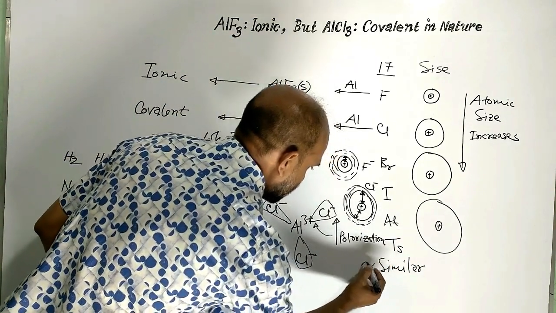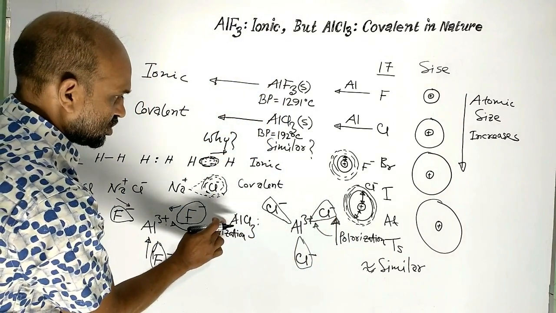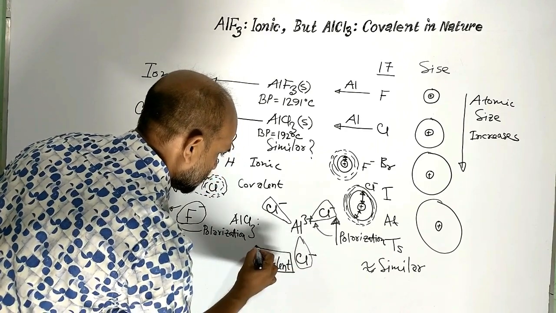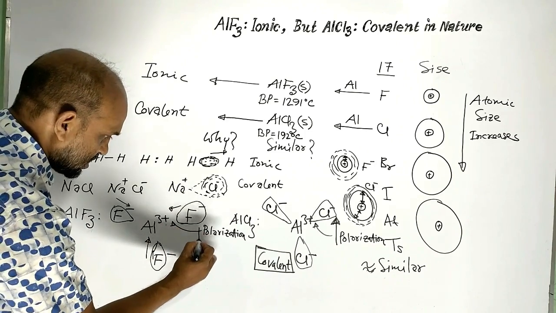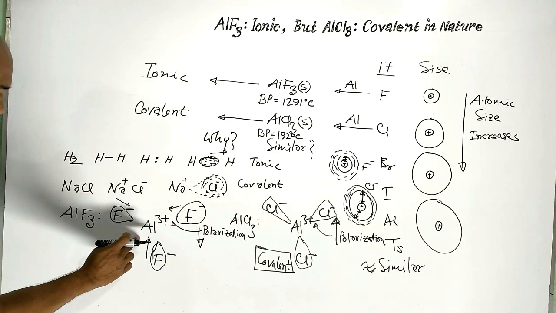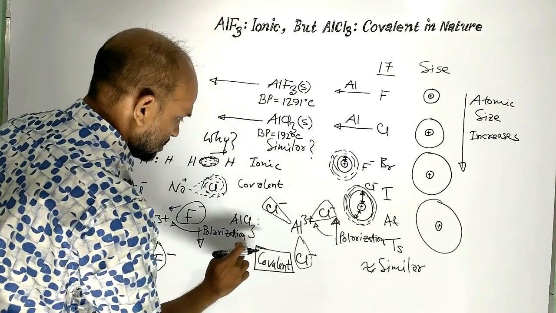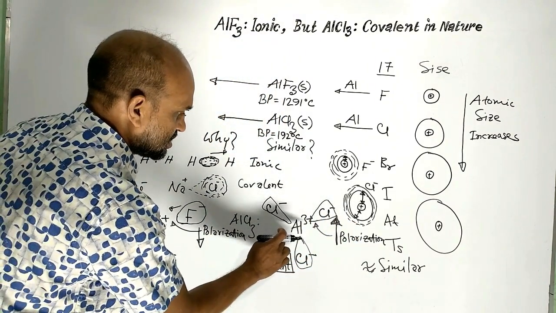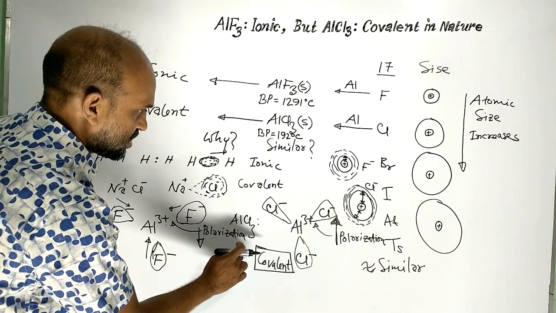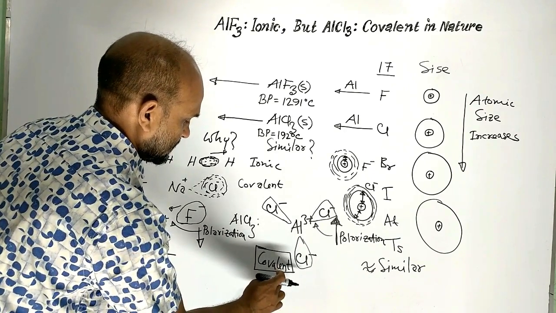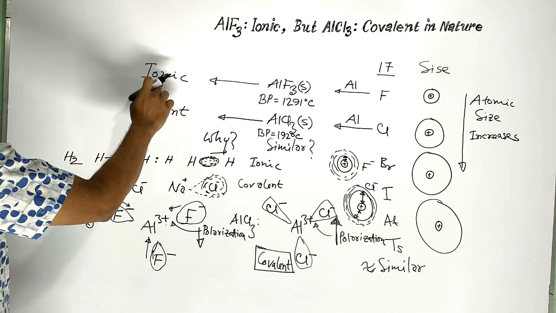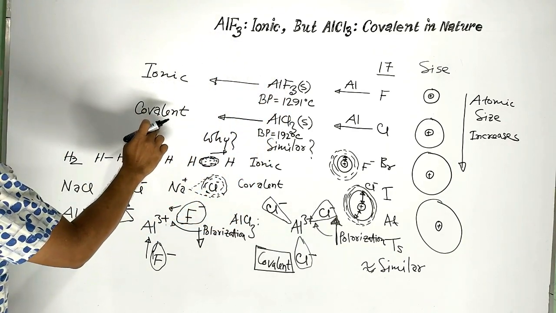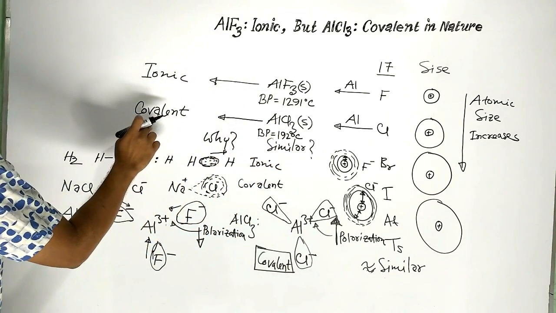Because of this high polarization, aluminum chloride turns covalent in nature. So, due to very low polarization, aluminum fluoride is ionic in nature, and due to high polarization, aluminum chloride loses its ionic nature and attains covalent nature.